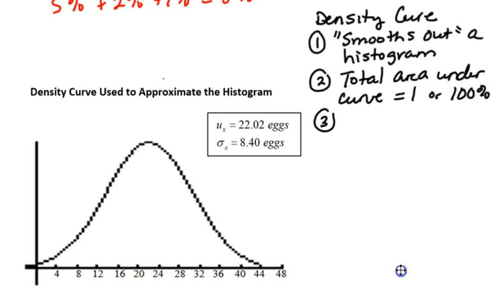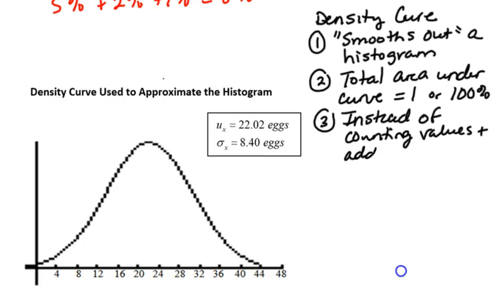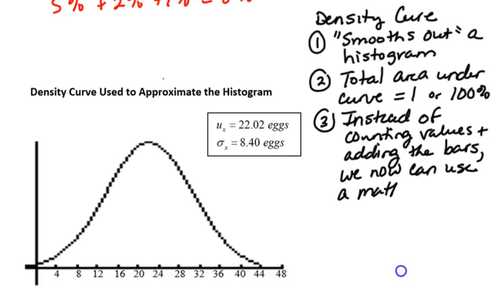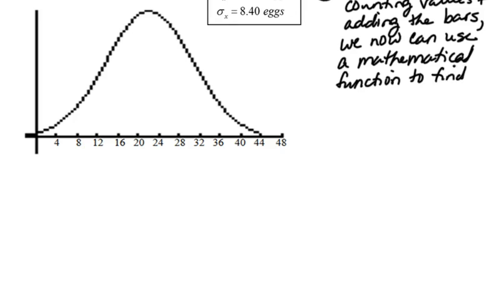Number three, instead of counting the values and adding the bars, we now can use a mathematical function to find percentages and probabilities.